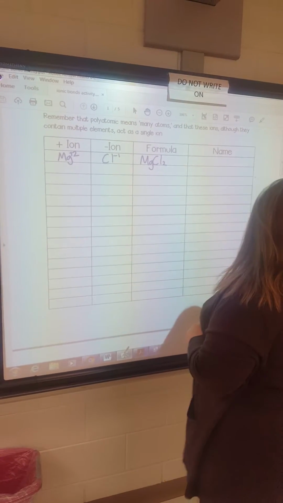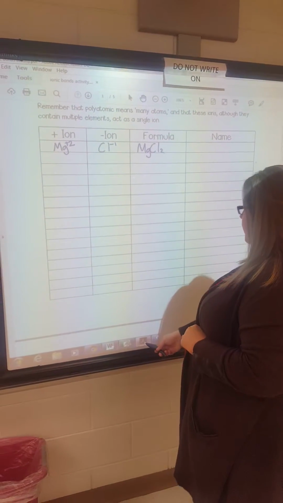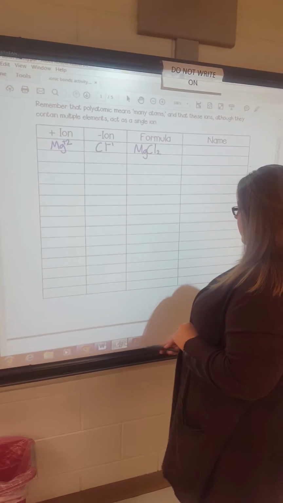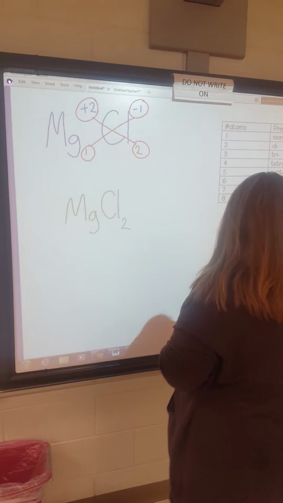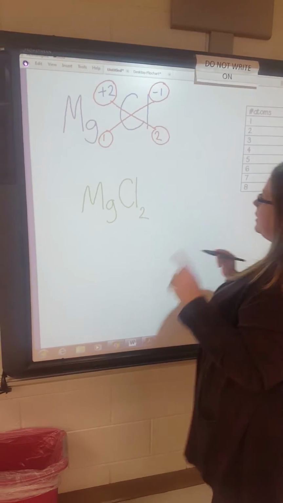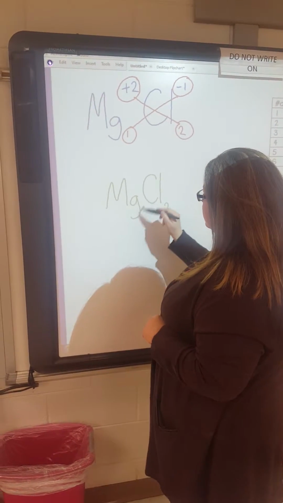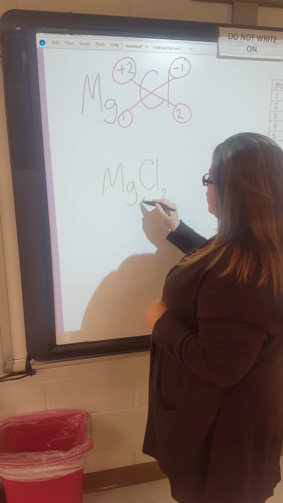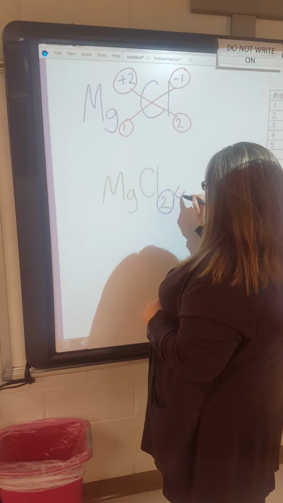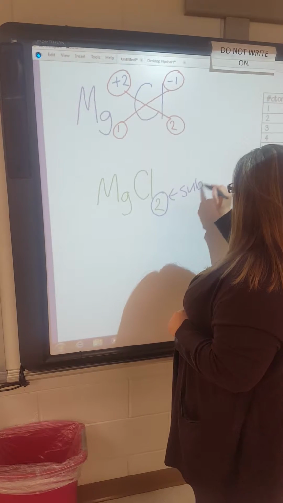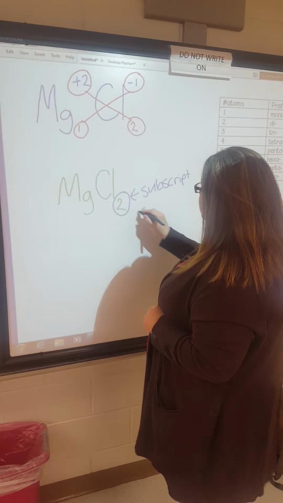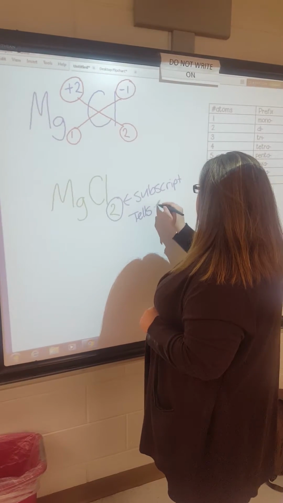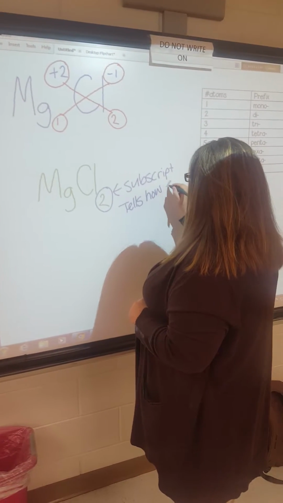To name a formula, the first thing you want to do is look at this, which is called a subscript. Your subscript tells you how many atoms you have of that element.